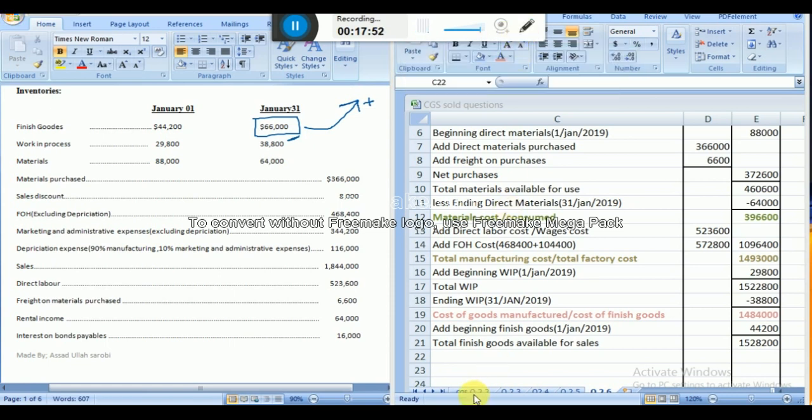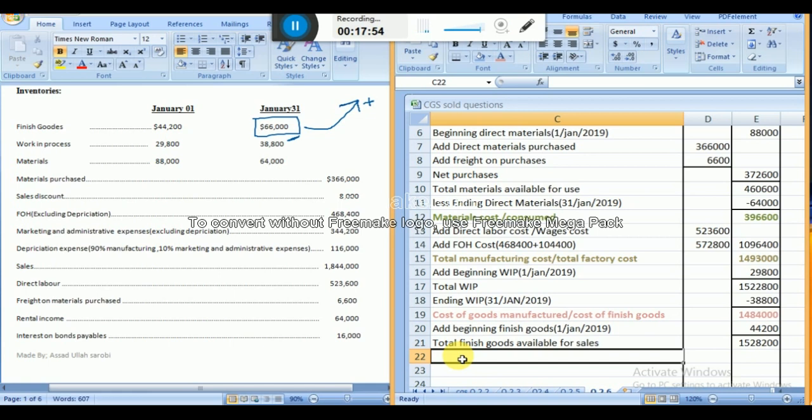Because these finished goods were not sold out in the month of January, so their revenue is not generated in January. That's why we are subtracting their cost also from the month of January. So let's find out the exact sales, how much goods we sold in January. That's why we are subtracting ending finished goods.